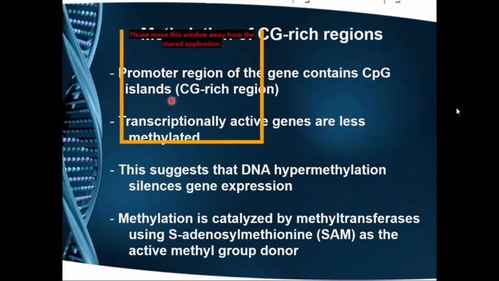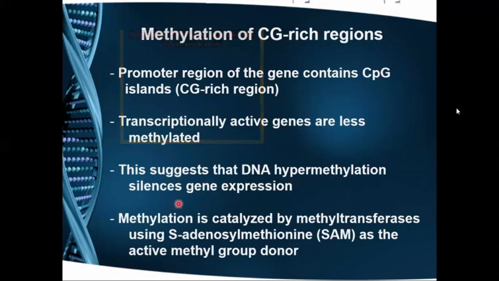Methylation of the CG-rich regions may cause conversion of that chromatin into an inactive chromatin. So this suggests that DNA hypermethylation silences gene expression.